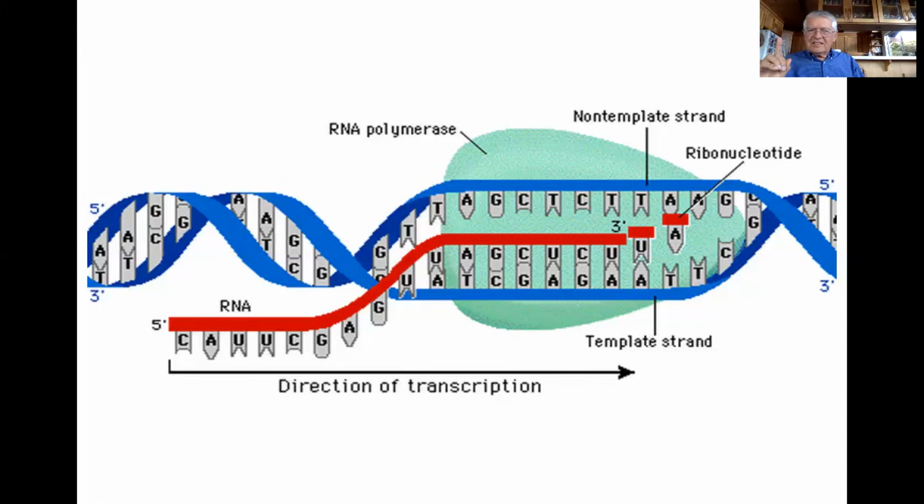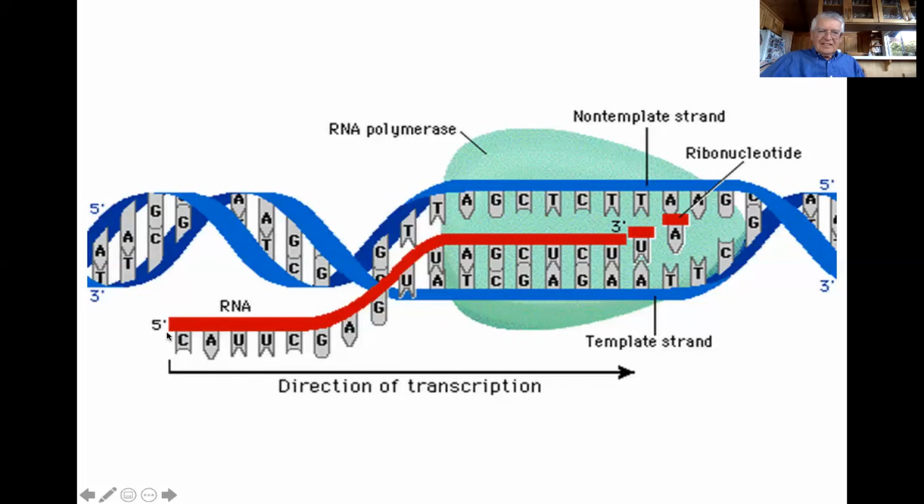DNA is deoxyribonucleic acid. The ribo refers to the fact that it's made out of, in part, ribose sugar. But it's deoxyribose, meaning deoxy, missing an oxygen.